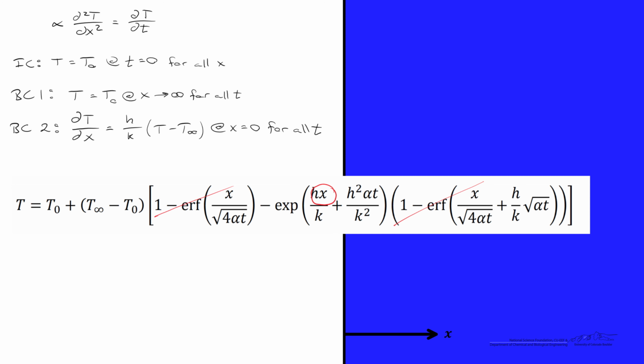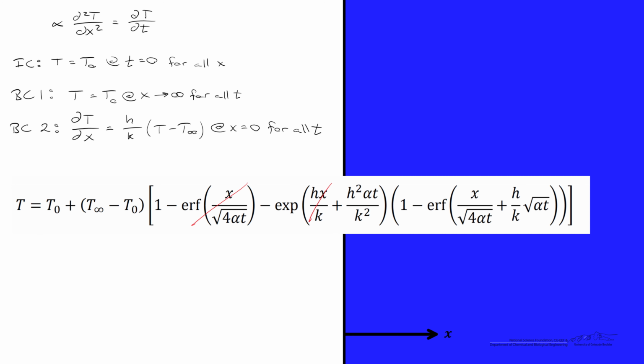Note that although the exponent of infinity, of course, is infinity, the rate at which 1 minus the error function of infinity goes to zero overwhelms it, we find that the whole term in the square brackets goes to 0, and we're left with T is equal to T naught, again deep in the solid. If we consider the temperature at the surface of our semi-infinite solid where x equals 0, the error function of 0 is equal to 0.